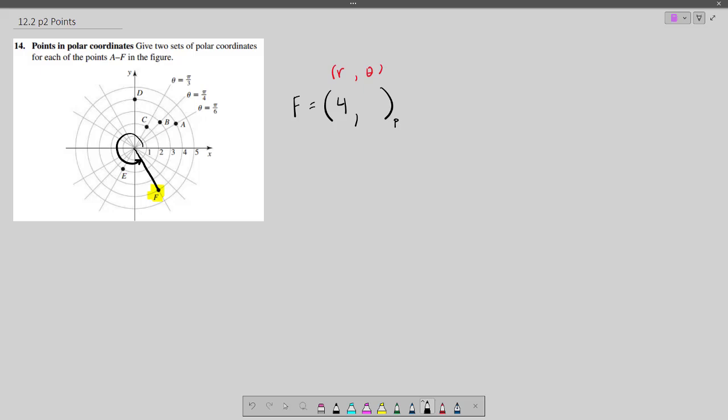Everyone agree? 5 pi over 3. Counting by pi over 3s... dang it, I changed color. Why are you being finicky?